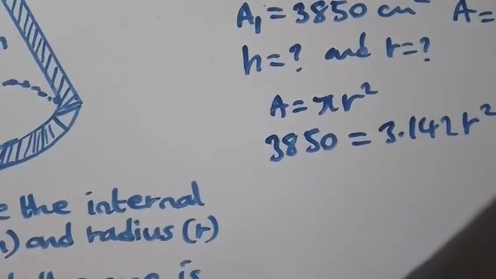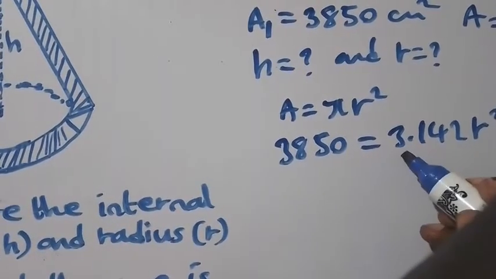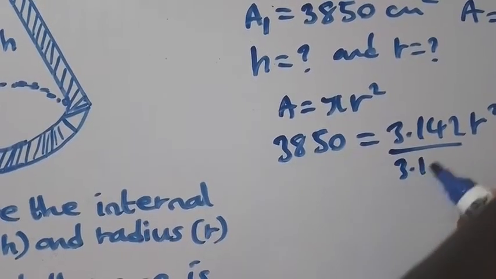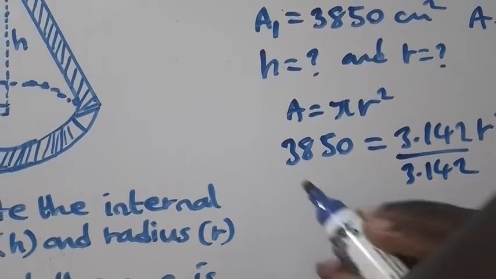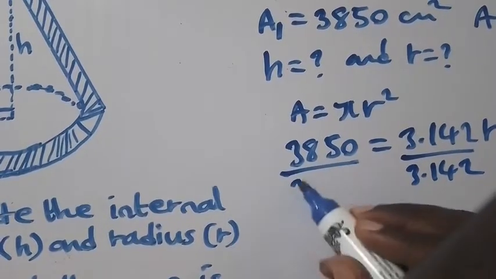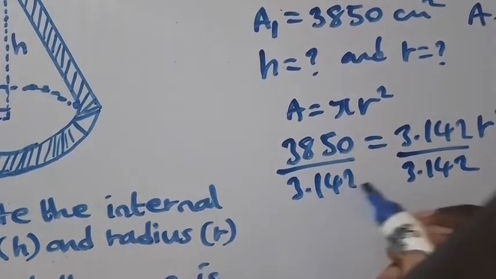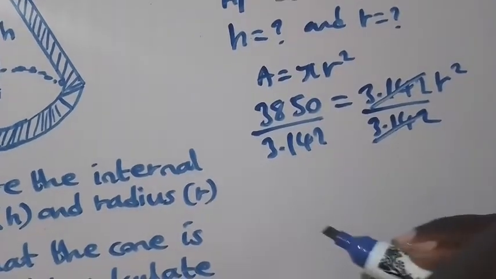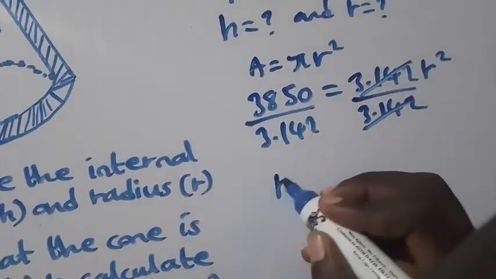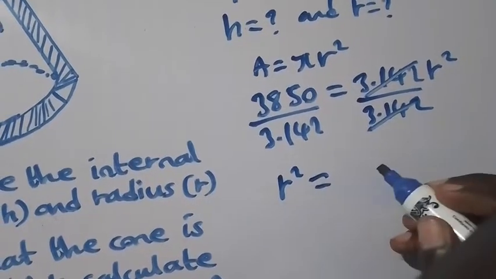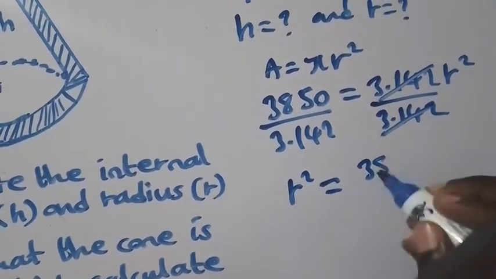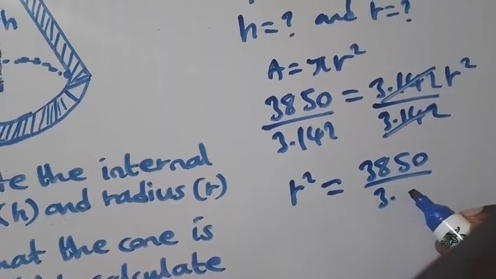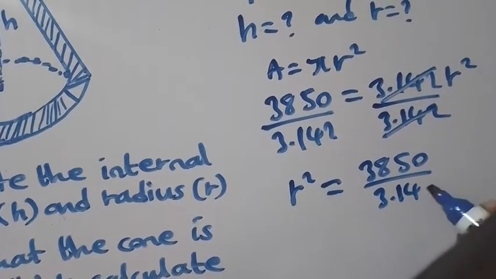So, at this stage, we have to divide both sides by 3.142. So this will cancel. So r squared will be equal to 3,850 over 3.142.